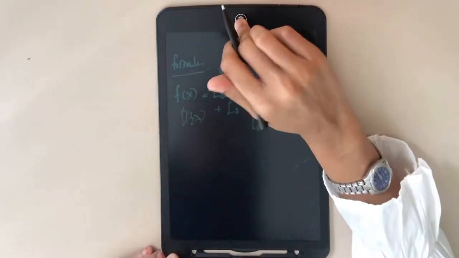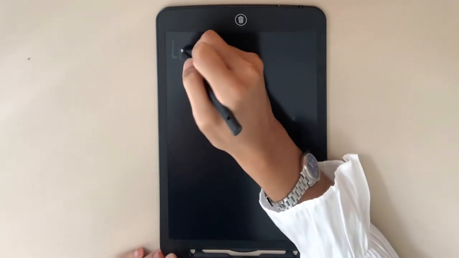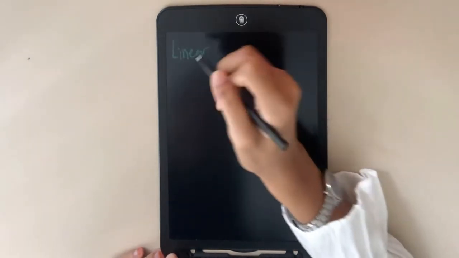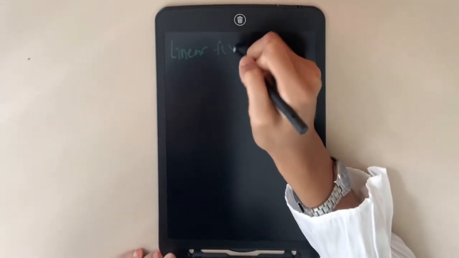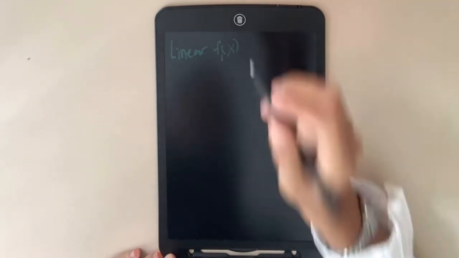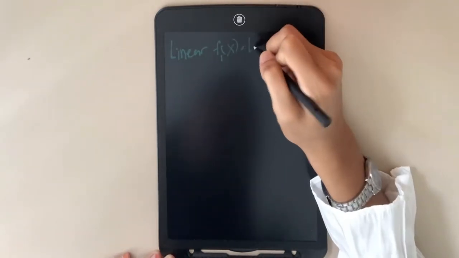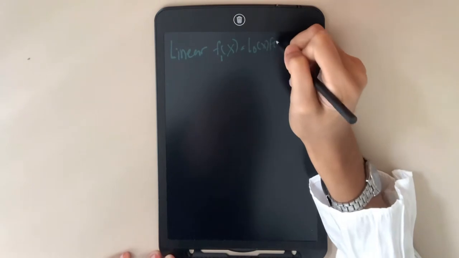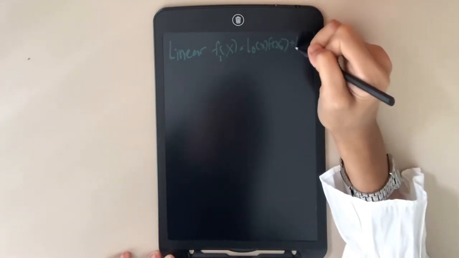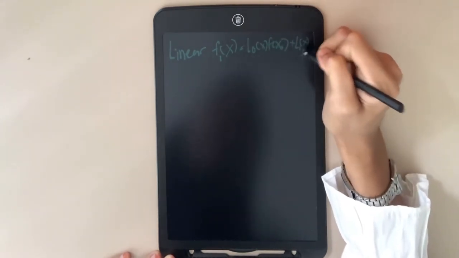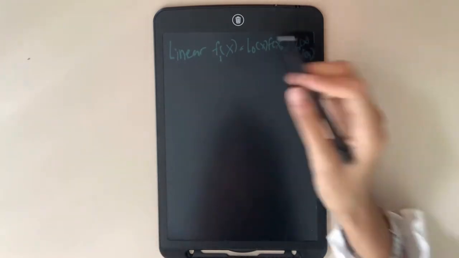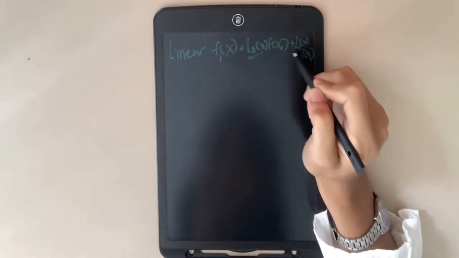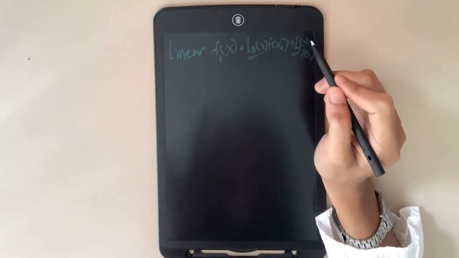Okay, so for linear, just now I said that if linear, we have L0x fx0 plus L1x fx1, right? So the things that you will need now is what is your L0, what is your L1.